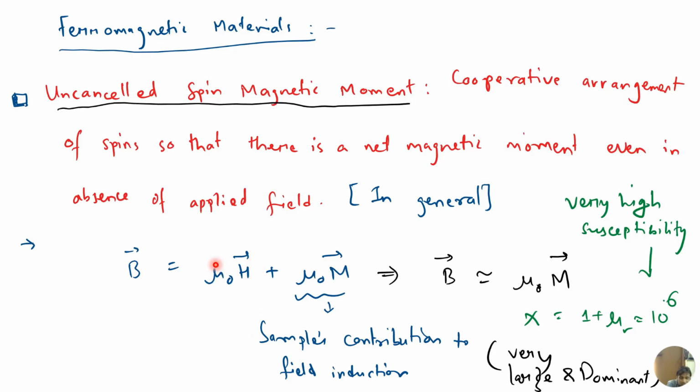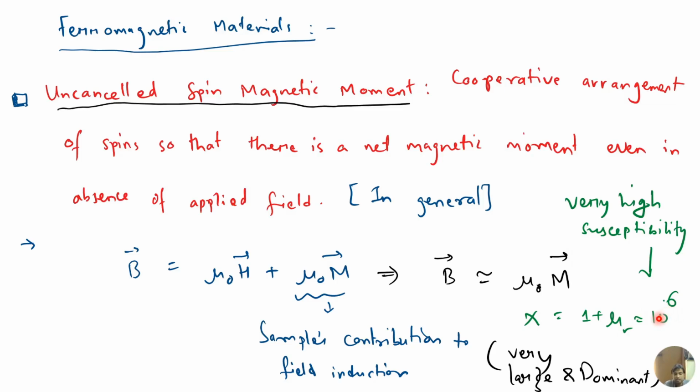This mu naught H is a very weak phenomenon, as we have seen earlier, and because of the self-ordering of the uncancelled magnetic moments, the M term becomes so large that you can virtually neglect the H term. So B is approximately equal to mu naught times M, and mu r is so large that it is of the order of 10 to the power 6.